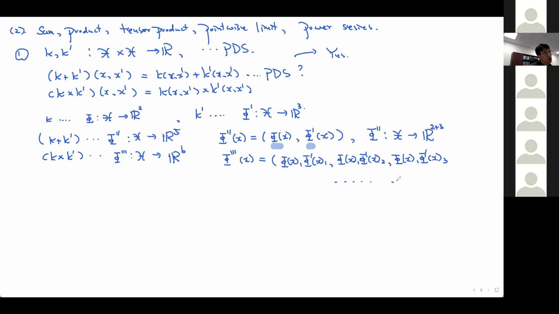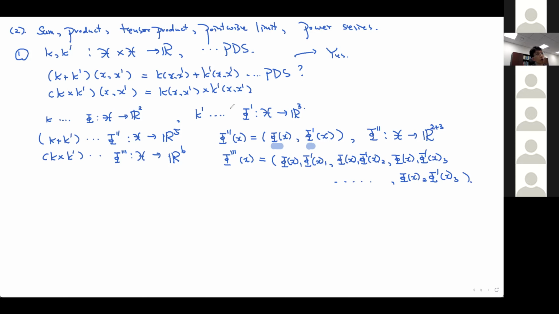The last one is phi of x second component times phi prime of x third component.